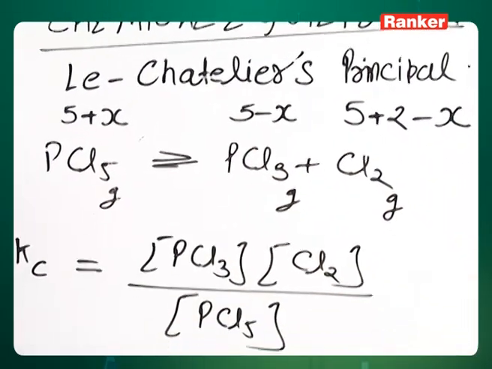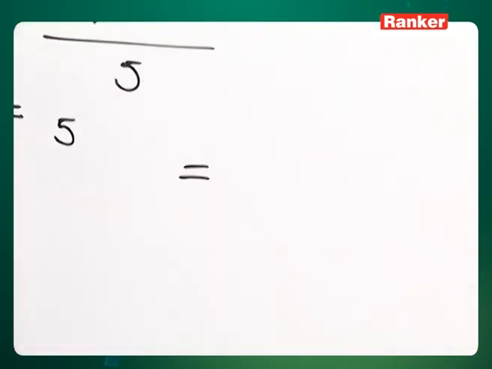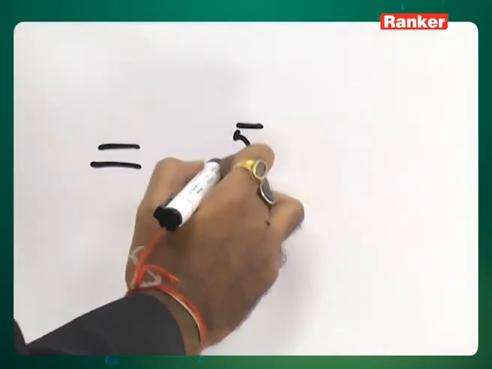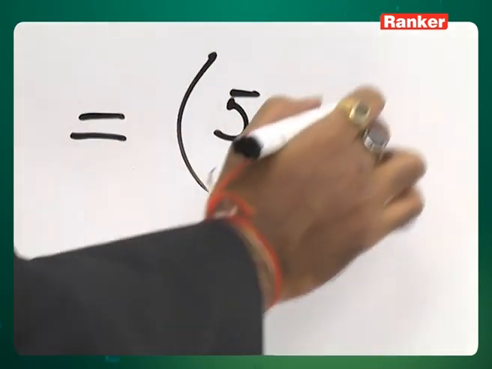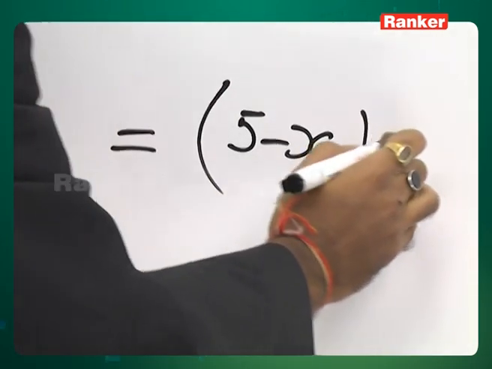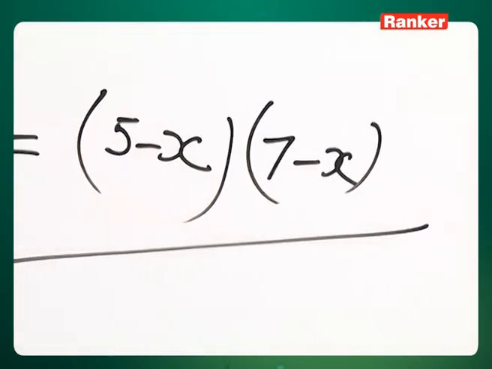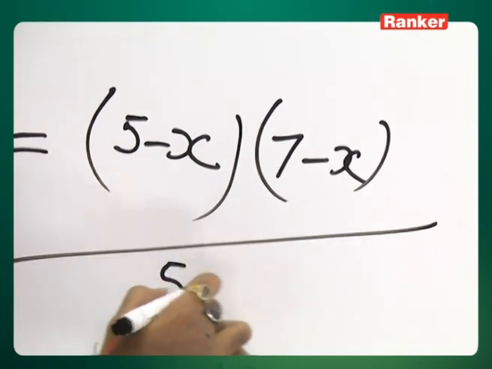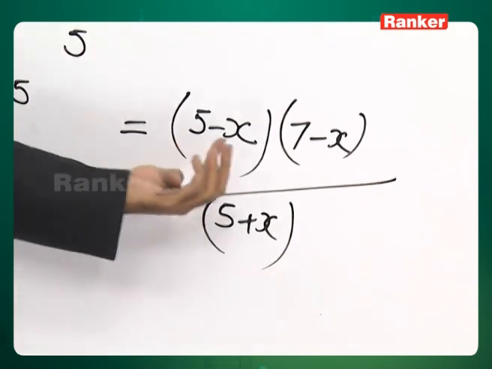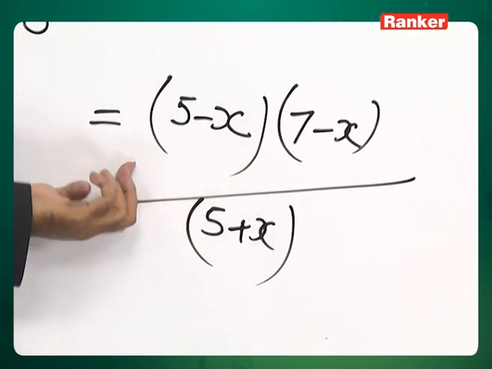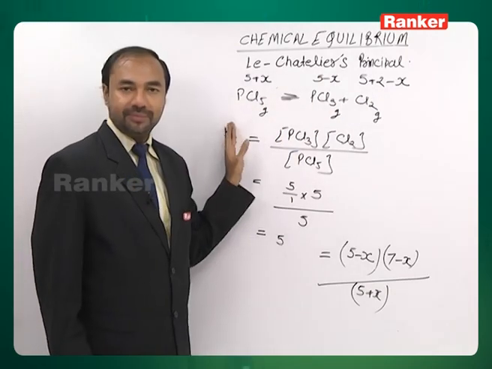We substitute the values in the equilibrium constant, which will give us Kc equal to moles of PCl3, which is 5 minus x, volume is 1 only, so we should not bother much about that, into moles of chlorine, which is 7 minus x, upon moles of PCl5, which is 5 plus x. Right? So as you can see from here, easily the value of x can be calculated. Substitute the values here, we get what will be the final moles of each one of them at equilibrium.